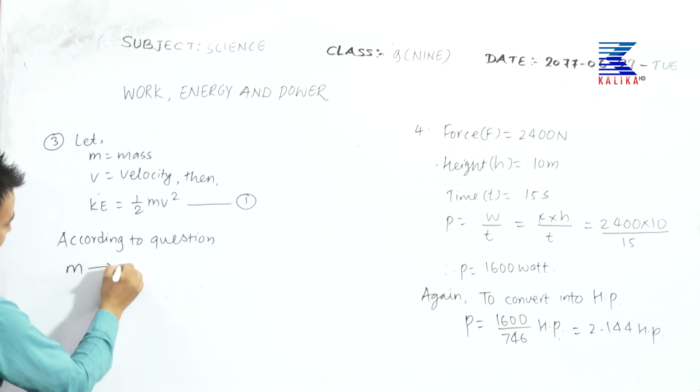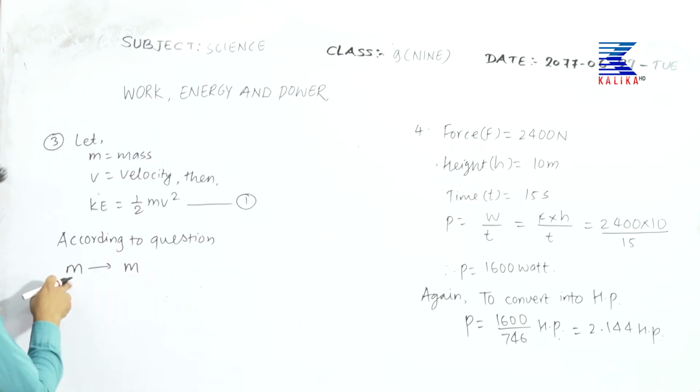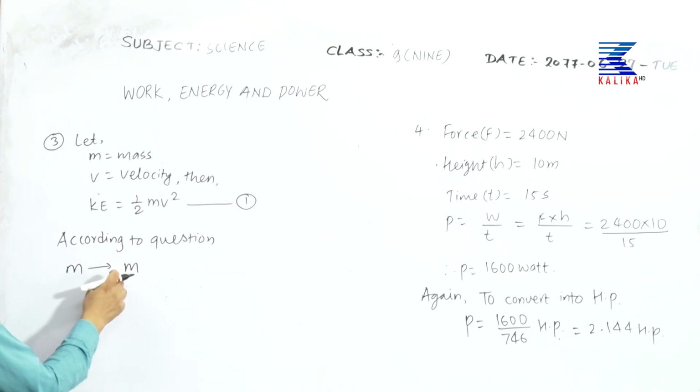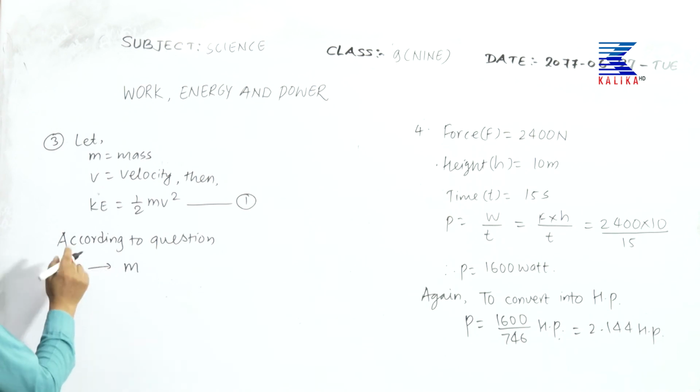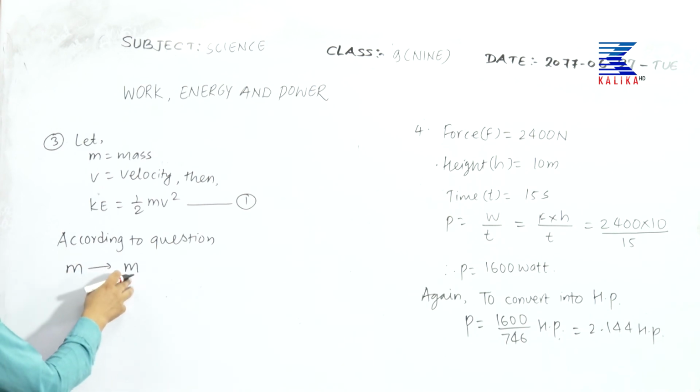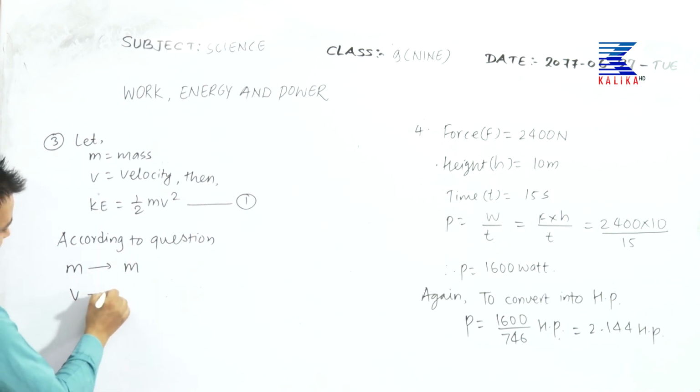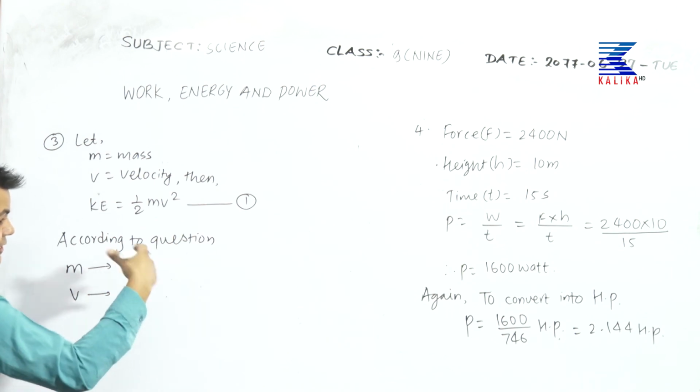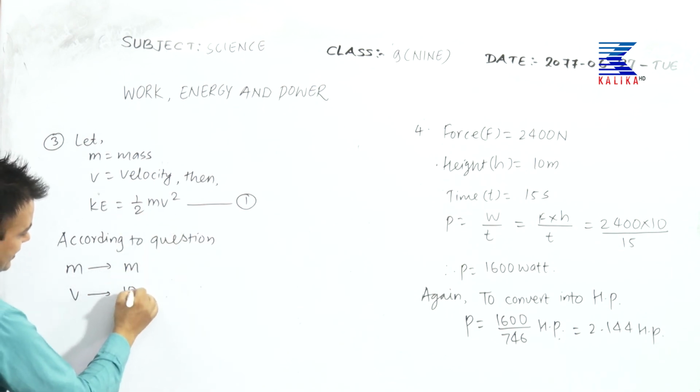If the mass m is made double, it would be 2m, triple 3m. But the question says the mass is kept the same. And the velocity is made 10 times greater. It means v becomes 10v.